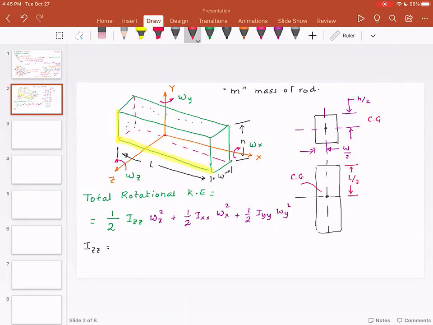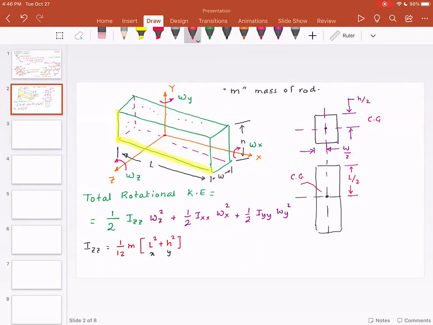The equation is 1 by 12 m times L square plus H square. L is the dimension about X and H is the dimension about Y.